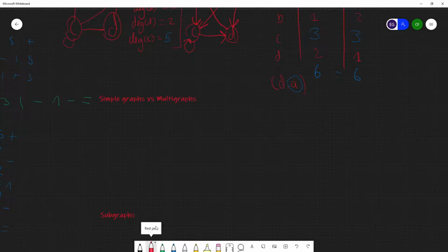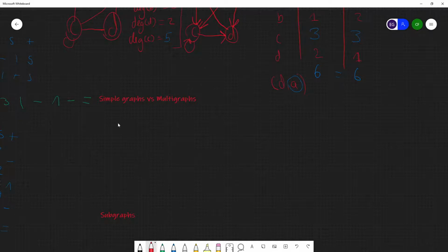Simple graphs. A graph is simple if it does not contain any loops and it does not contain any multiple edges between the same nodes.